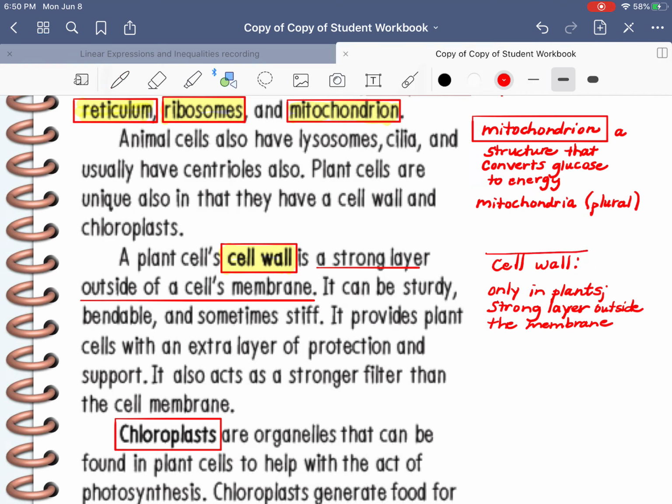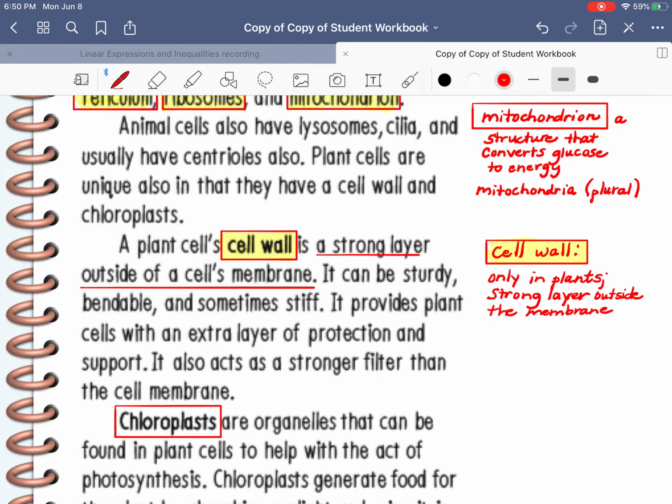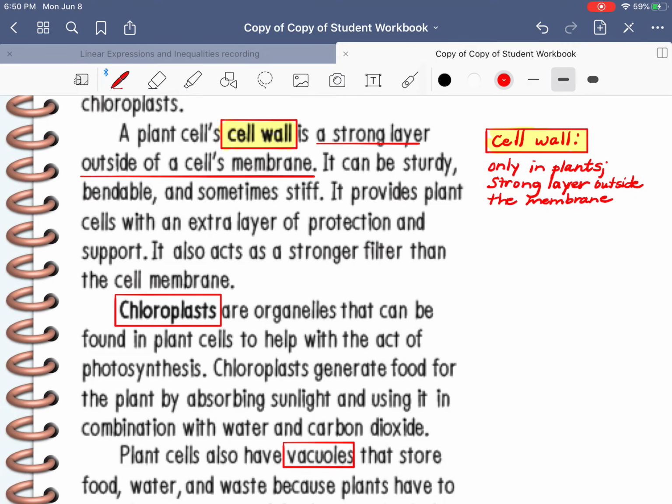And remember that plants are locked in place. They can't run from attackers. If they get knocked over in the wind, they have to stand themselves up. So that's where this plant's cell wall comes into play. And we'll look at that picture in just a second.